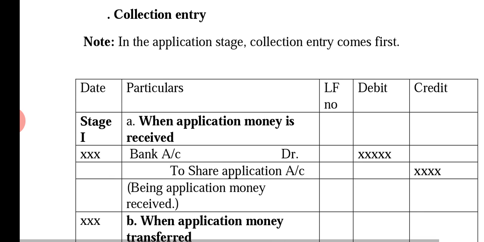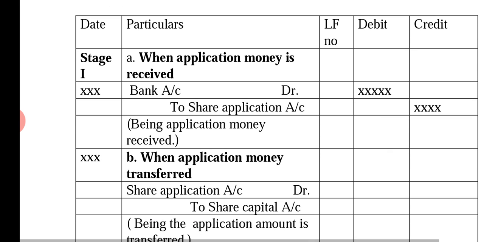In the application stage, first we receive the amount, then we transfer the amount from one account to another. For receiving the application money, the bank is receiving the amount, and it is collected for the purpose of share application, so bank account debit to share application account.